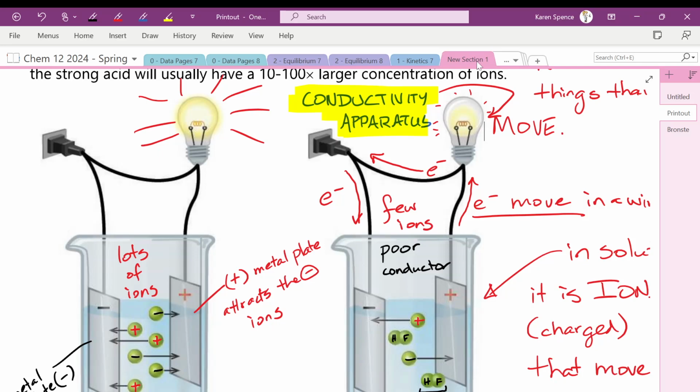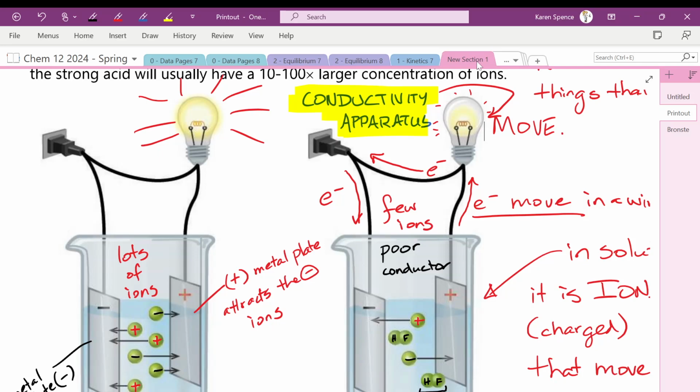And now we're going to try some 1 molar, same concentration of a weak acid. Predict to your partner what you think it's going to look like. This is weak acid, acetic acid, CH3COOH, 1 molar. Are we ready?